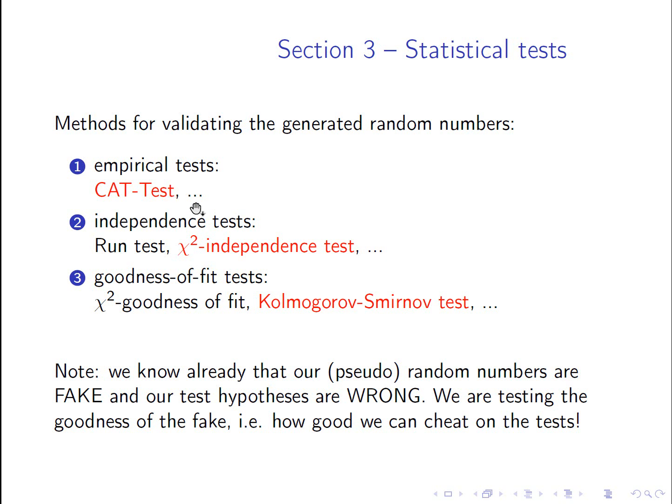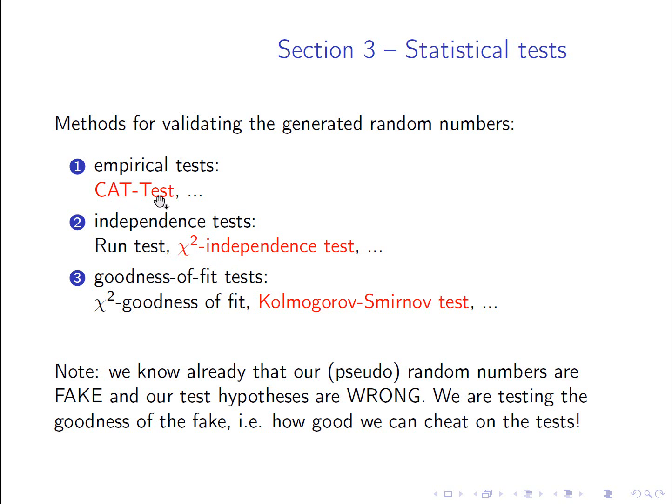Further tests one can do and should do, namely independence tests and goodness of fit tests. With independence, we can check whether our pseudo-random numbers behave like independent copies. And with goodness of fit tests, as in the empirical tests, we can check whether the pseudo-random numbers we have, or the methods which we are building on them like Marsaglia and Box-Muller, reproduce the target distribution in a nice way.